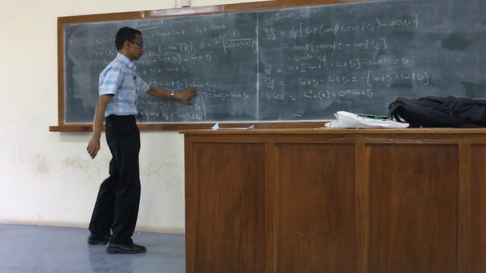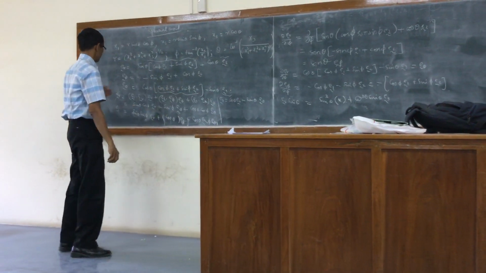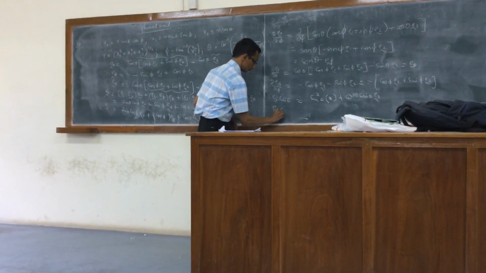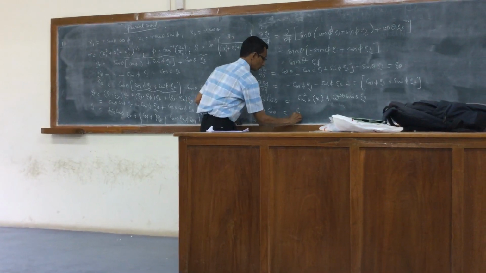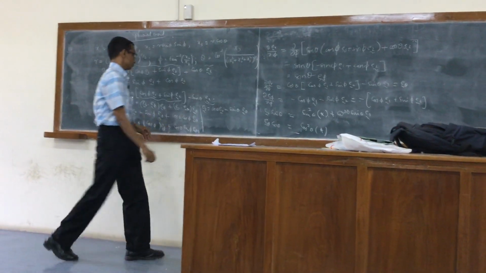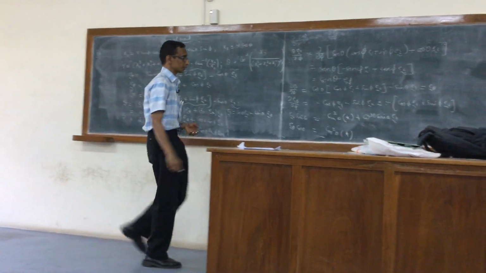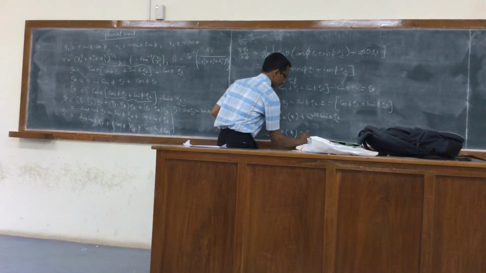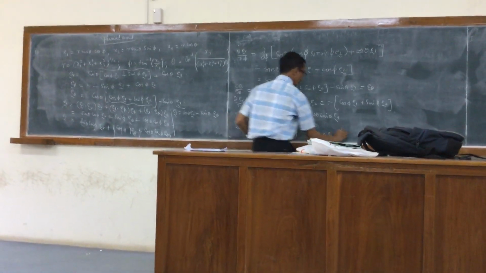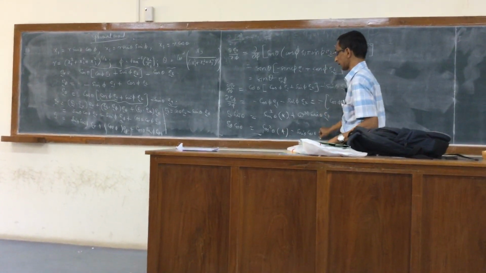Now I multiply this by cos theta, so I get E theta cos theta is equal to cos squared theta into star minus sin theta cos theta E3. So if I add the two, this will get cancelled.